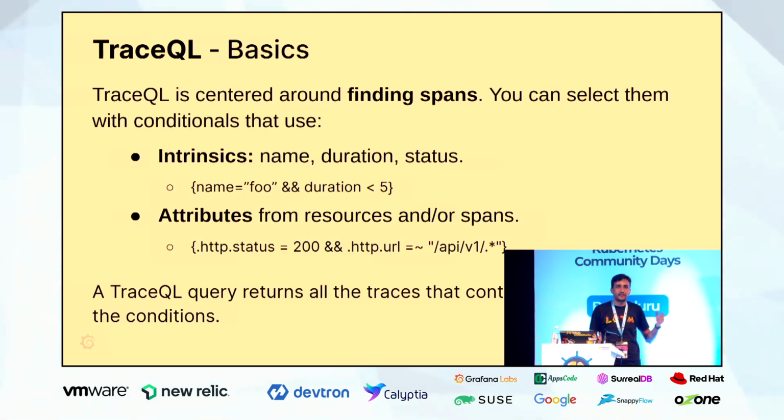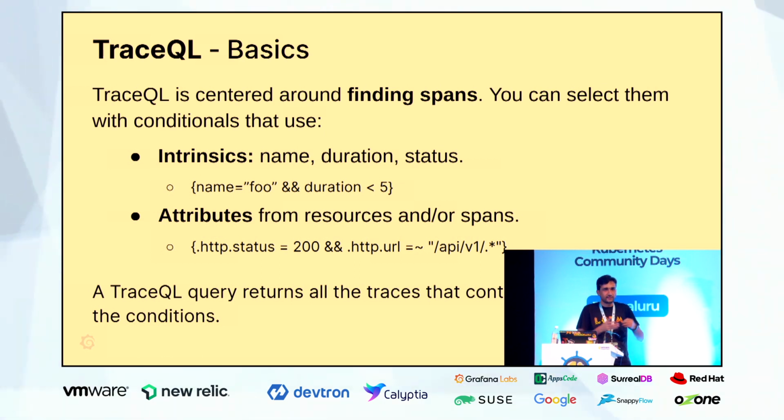So TraceQL is centered around operating on spans. Like I said, a span is the log line equivalent of the tracing world. Similar to how you search log lines, with TraceQL you operate on spans. So the questions that you ask are at the span level. And a trace is just a collection of spans. It just has an ID that ties all the spans together, along with the timing information, right?